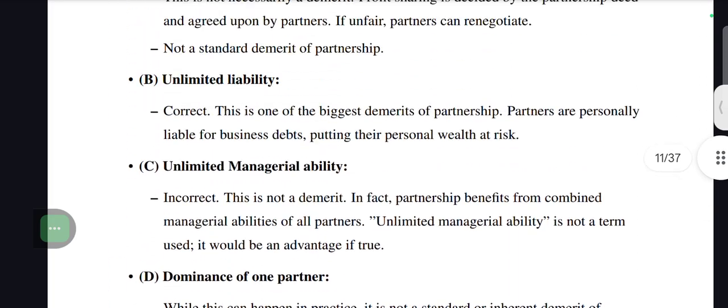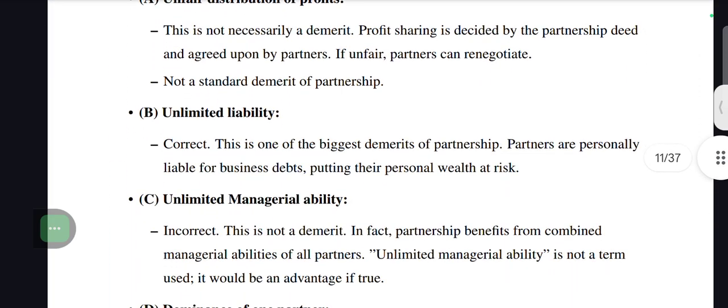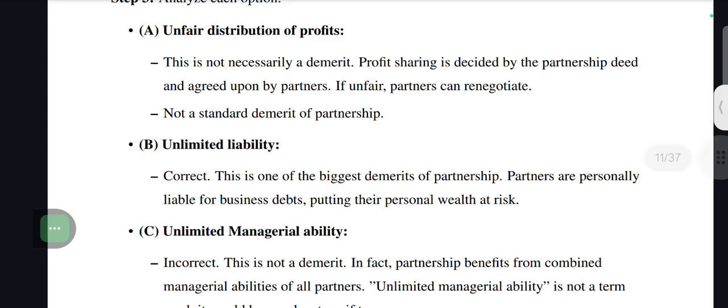Okay, so now analyzing the options that they have given: unfair distribution of profit. This is not necessarily a demerit. Profit sharing is decided by the partnership deed and agreed upon by the partners. So it is not a standard demerit of partnership. Unlimited liability is the best demerit of partnership because partners are personally liable for the business debts, putting their personal wealth at risk.